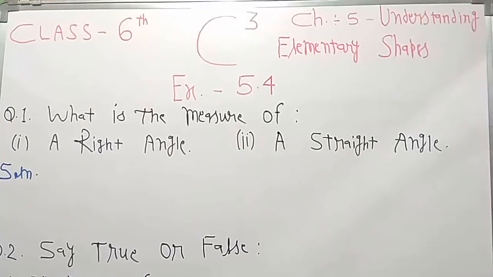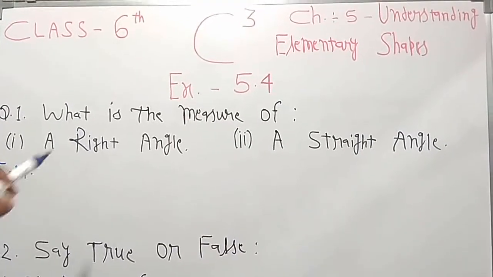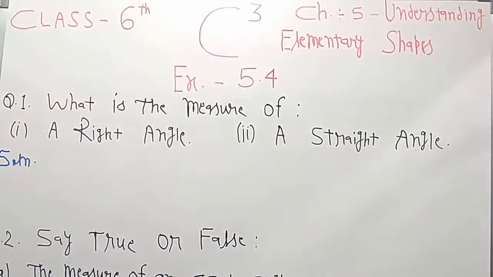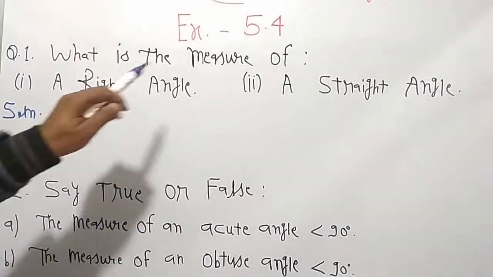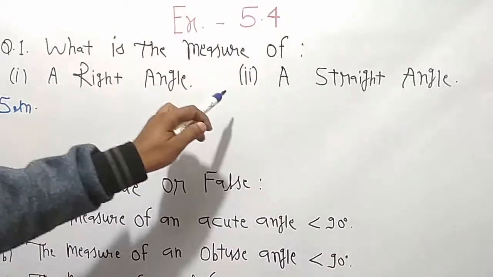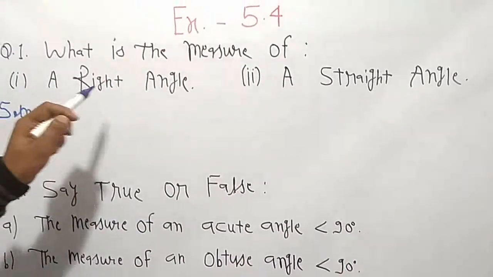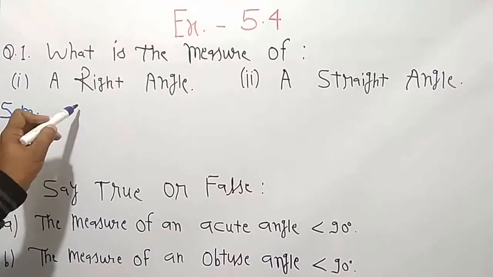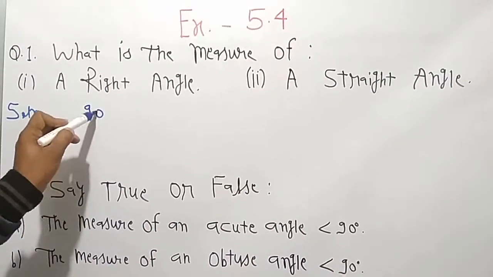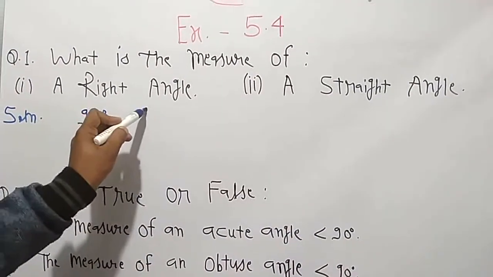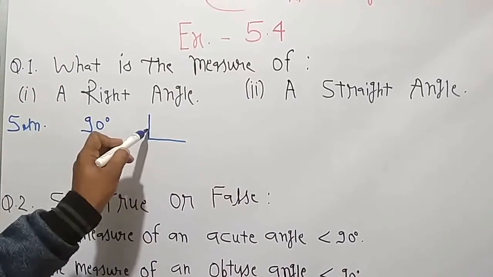Start exercise 5.4, question number 1, chapter 5, understanding elementary shapes. Question number 1 is: what is the measure of a right angle, and the second part, a straight angle? The measurement of a right angle is 90 degree, because we draw the right angle like this.